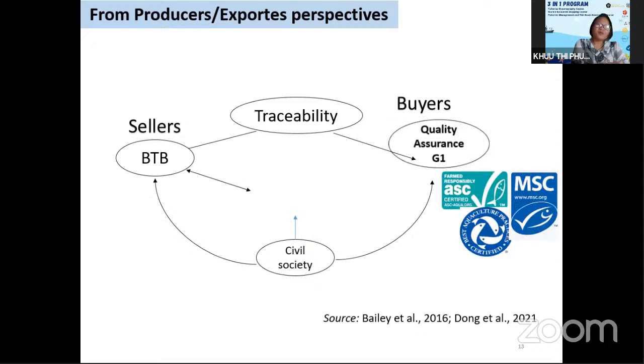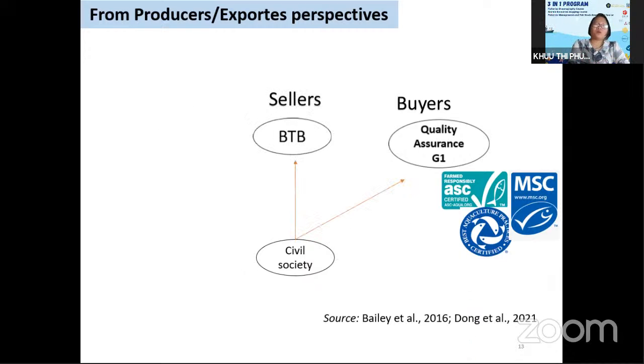And then we can apply quality assurance group 1 with the label of the certifications, and we can combine B2B and quality assurance group 1. It means that the sellers will choose which information can be provided under quality assurance group 1.